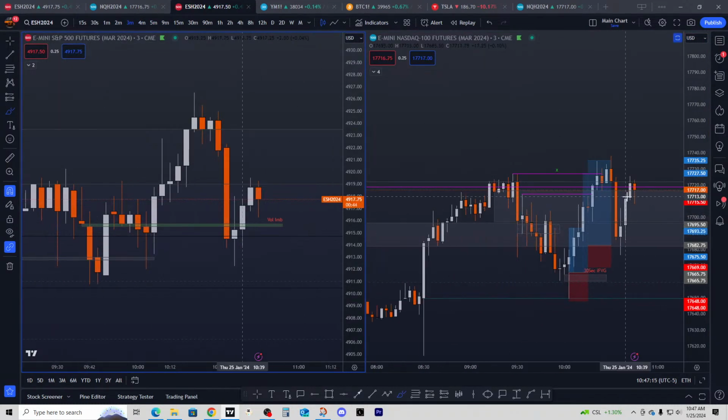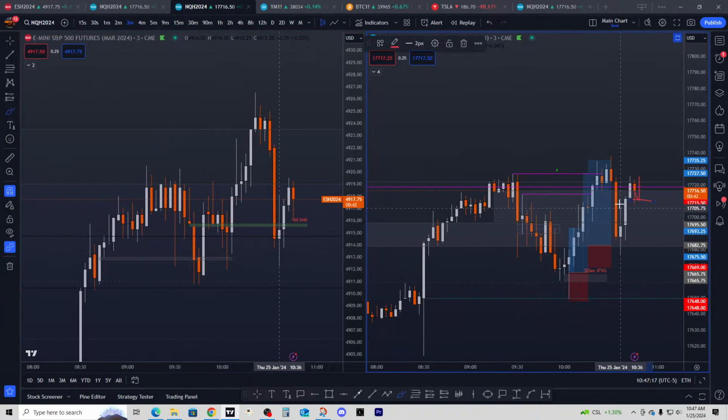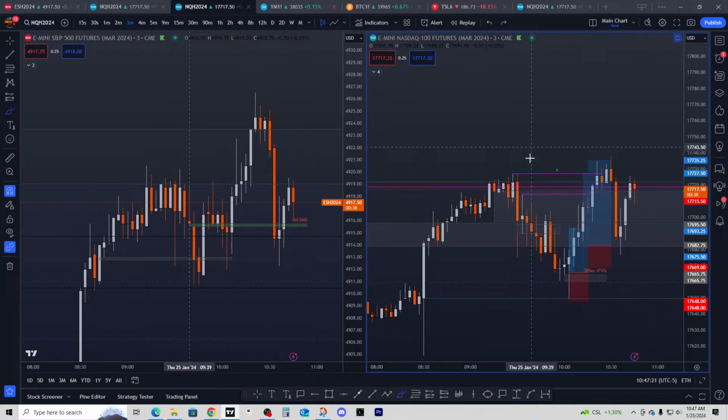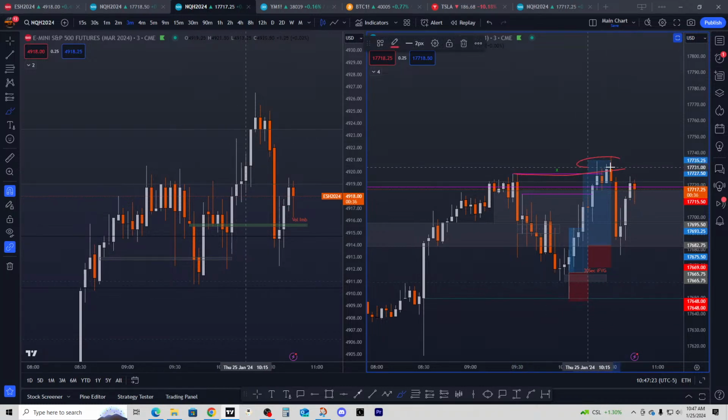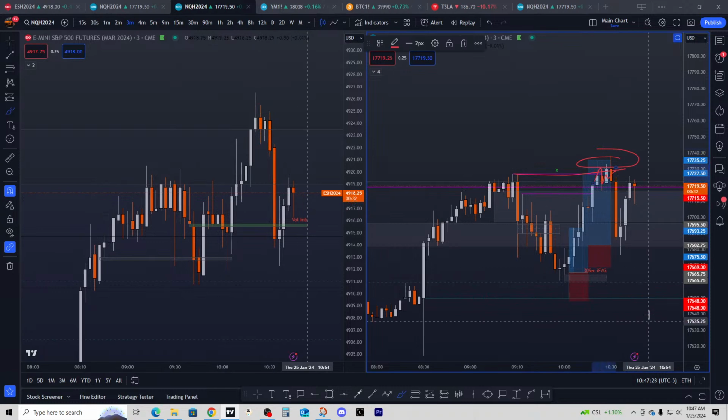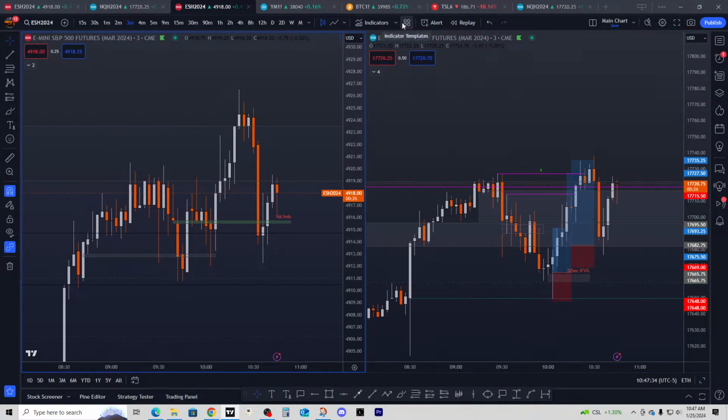I mean, just looking at this, it could just hit this fair value gap move, but it's hard because it took out this high. And this is balanced already. But we'll see. London high.